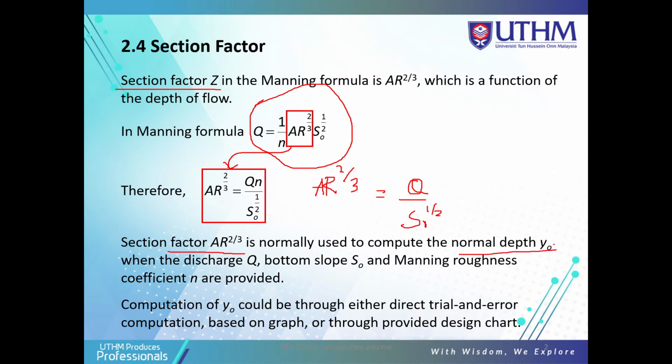Using this section factor, we want to determine the normal depth when the discharge Q, bottom slope S0 and Manning roughness coefficient are provided. So when discharge, bottom slope and Manning roughness coefficient are given, you can find the normal depth Y0.